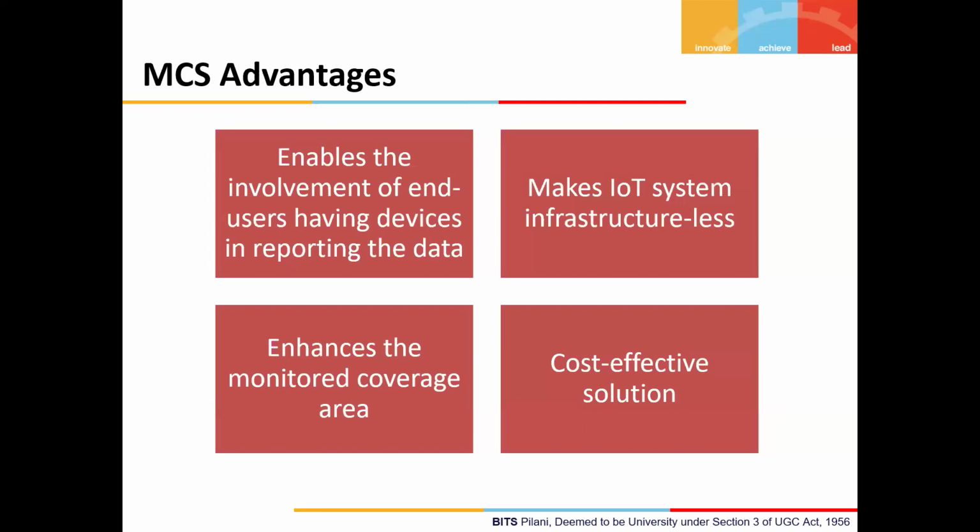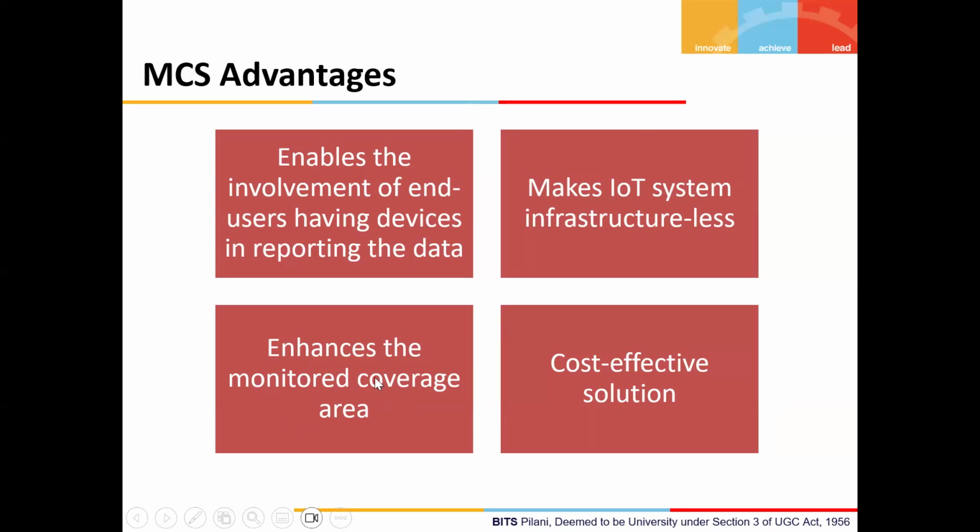So what are the MCS advantages here? It enables the involvement of normal people to help the requester collect the data. It makes the IoT system infrastructure-less. There is no need to set up an infrastructure in order to collect the data, right? It enhances the monitored coverage area.